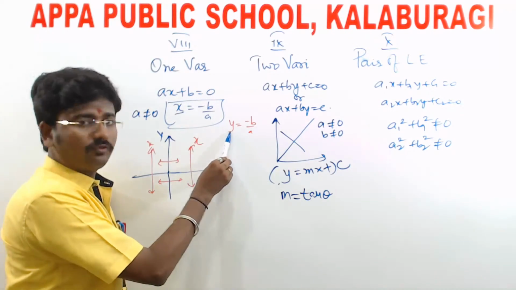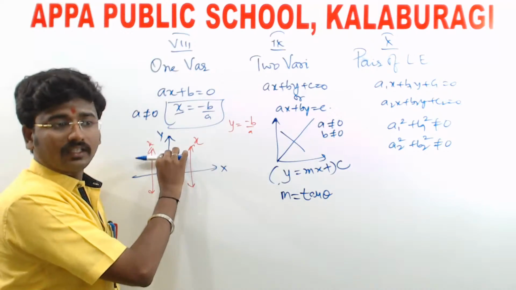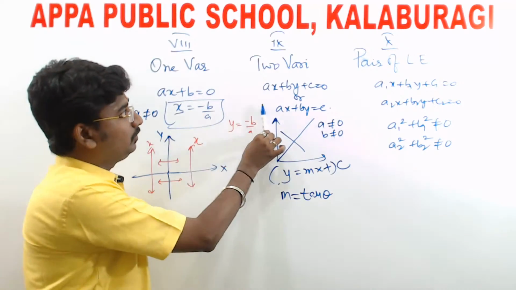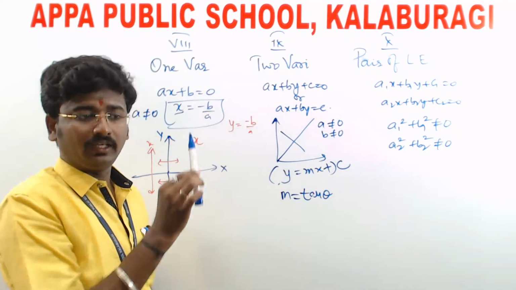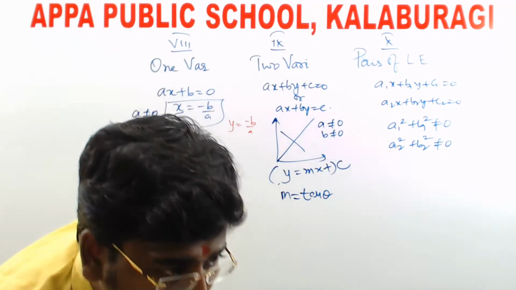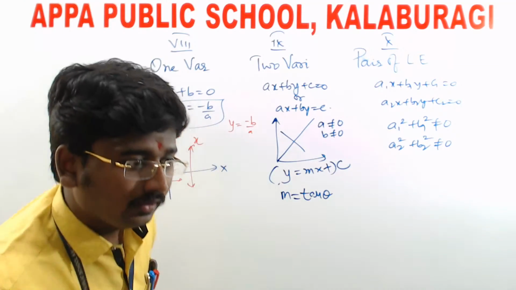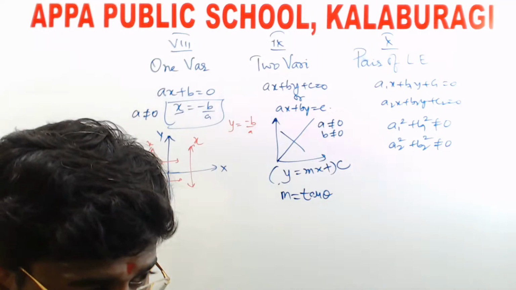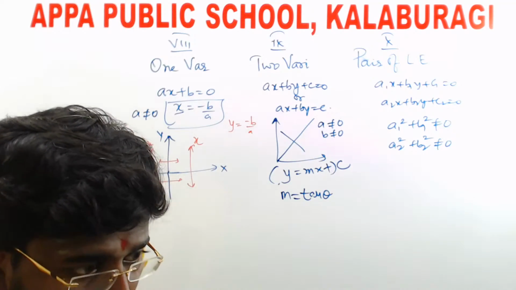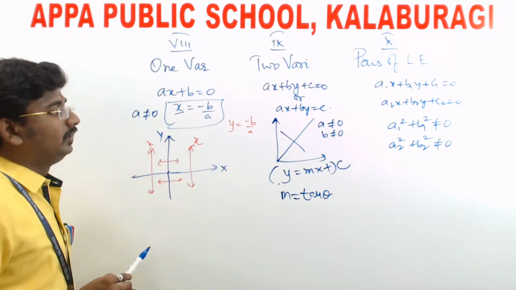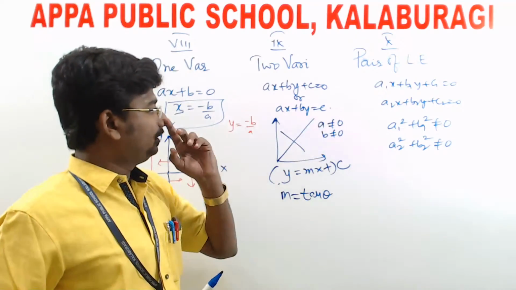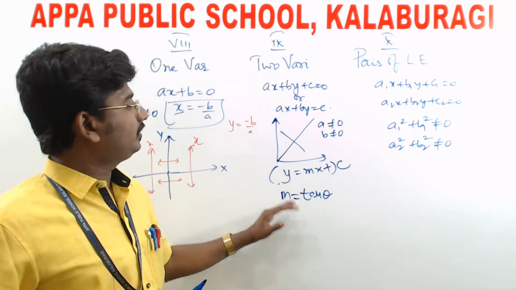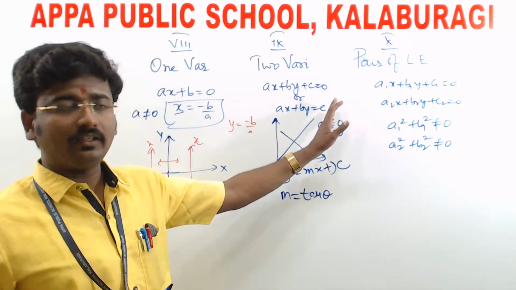If there is a value of y, it would be parallel to the x axis. Coming to two variables, we said it has infinitely many solutions, which means I can draw the graph as a straight line.